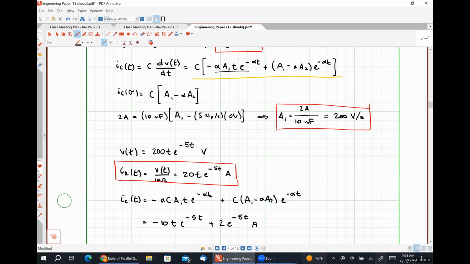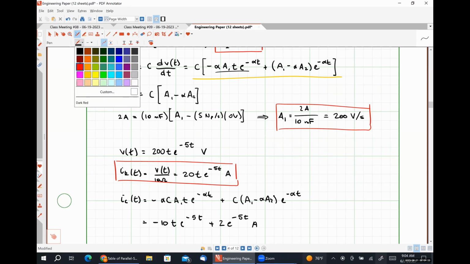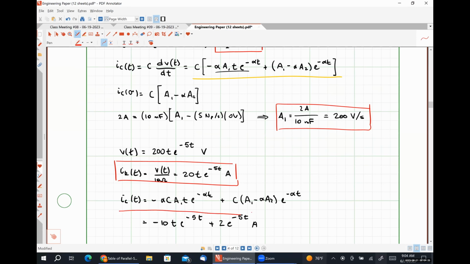Amps. There's my second equation. Okay, so give me just a moment here to plug in my keyboard, and we're going to simulate this circuit.